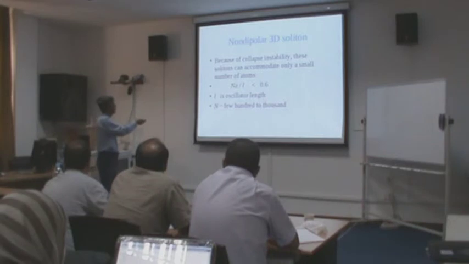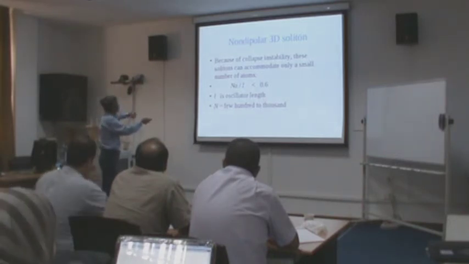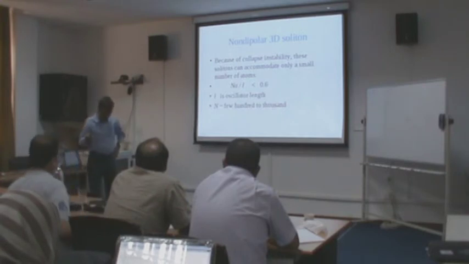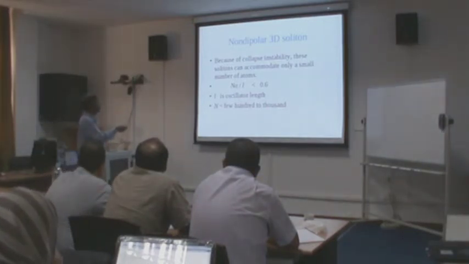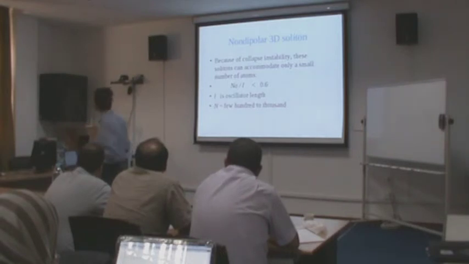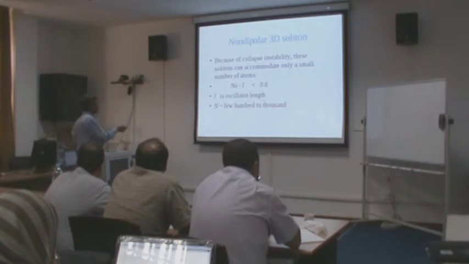N is the number of atoms, A is the scattering length, and L is the trap length, the trap parameter. So this is the nonlinearity in the GP equation, and it is very small. So you cannot put too many atoms. If you put too many atoms, there will be too much atomic attraction, and it will collapse. Depending on the trap used in the laboratory, it can be a few hundred to 1,000 maximum.